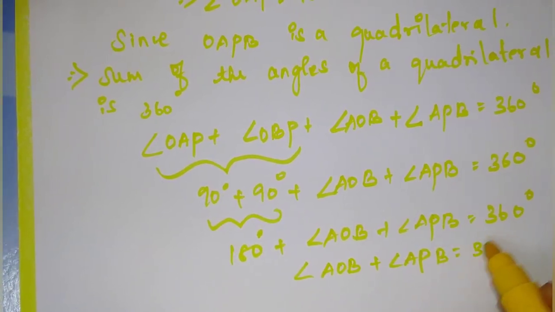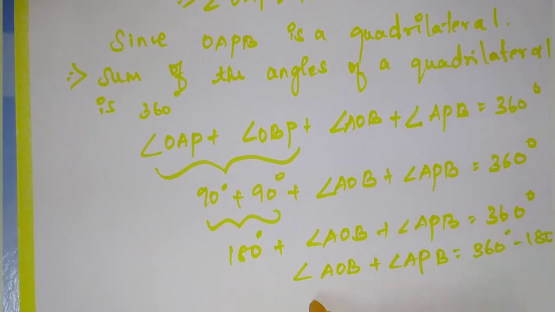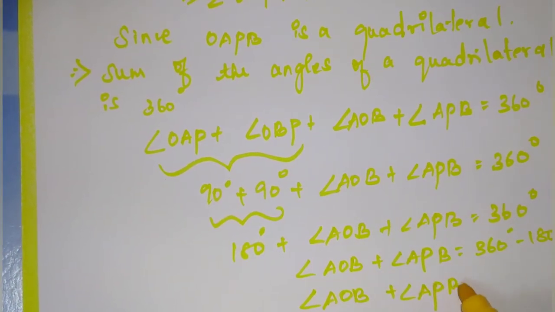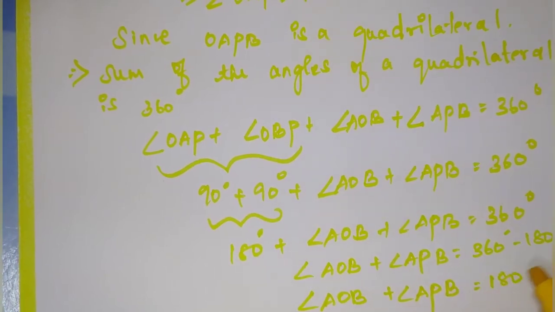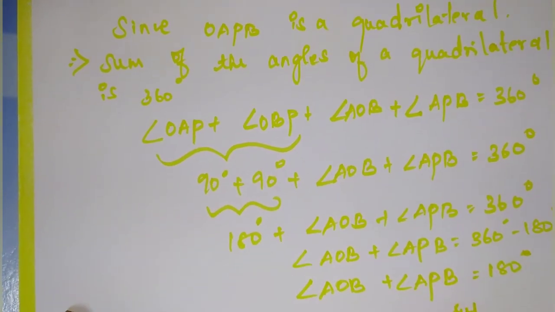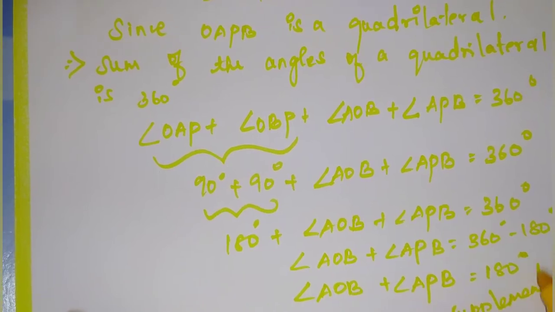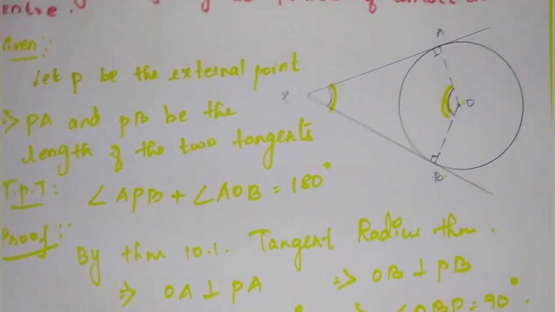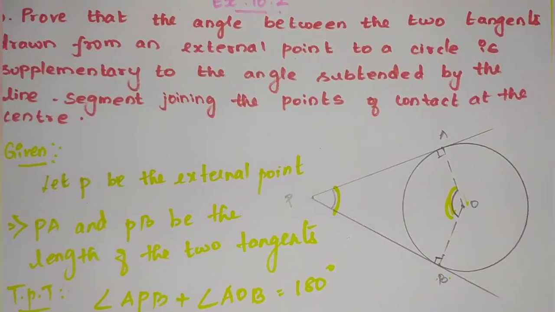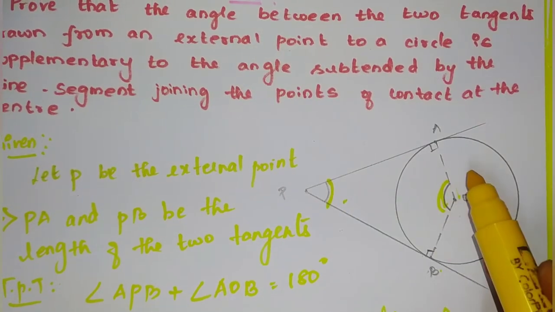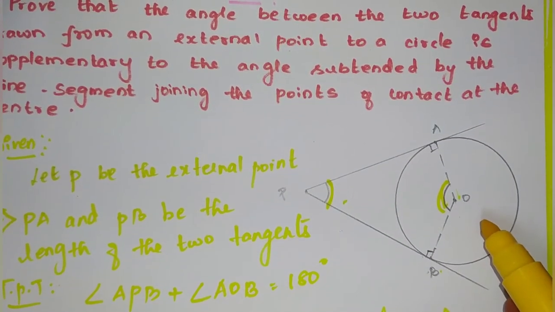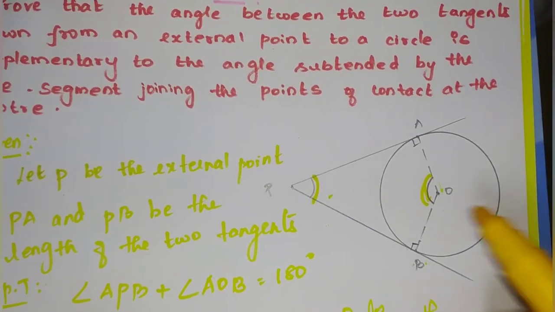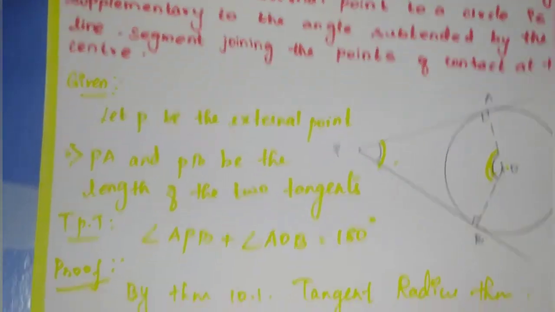So angle AOB plus angle APB is equal to 180 degrees. So we proved that it is supplementary. Clear, children? So we proved that the angle between the two tangents drawn from an external point to a circle is supplementary to the angle subtended by the line segment joining the point of contact at the center. Clear, children? Thank you.